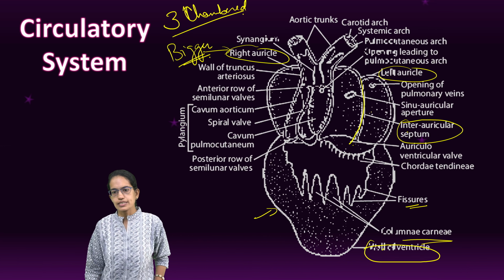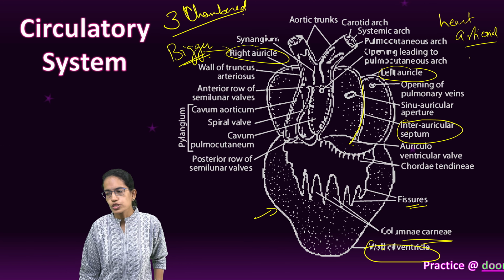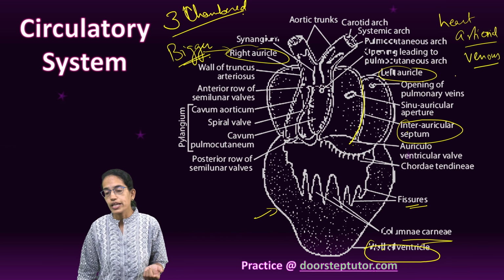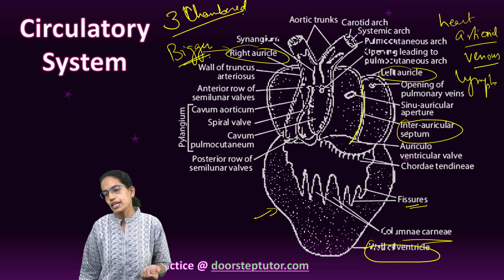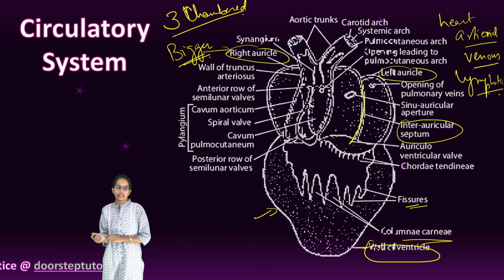The circulatory system includes the heart, the arterial system. It also includes the venous system, so the pure blood, the impure blood, as well as the lymphatic system. So the lymphatic system is also part of the circulatory system.